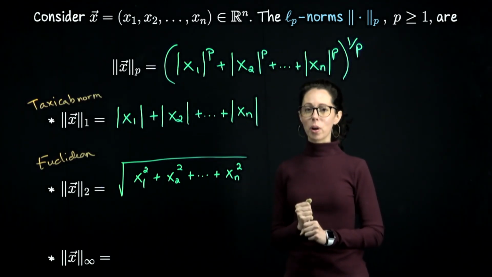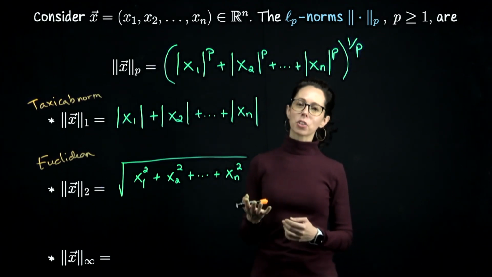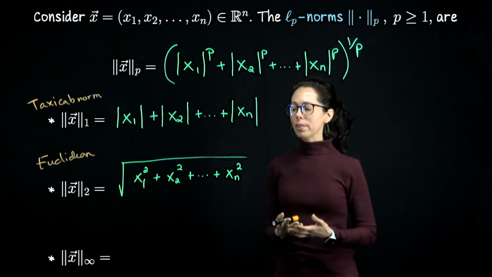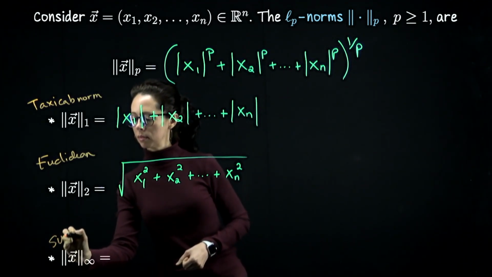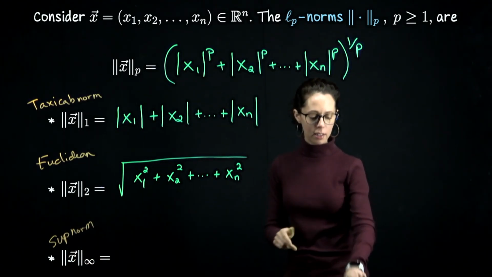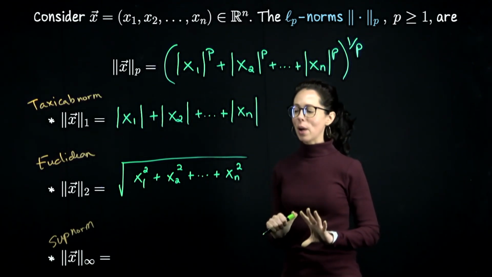I have another norm on the screen that fits into this family. So here if I write p is greater than or equal to 1, that expression usually means p is a finite number. But with this group, I'm going to throw in what's called the sup norm. It fits in, which will become clear in a moment. So just stick with me for now with the sup norm.